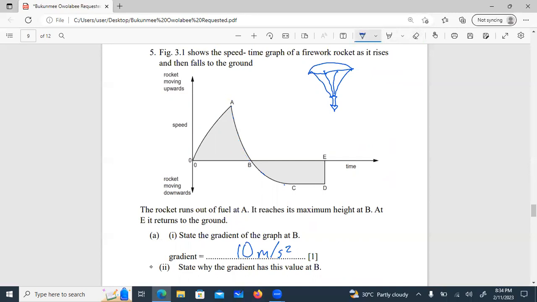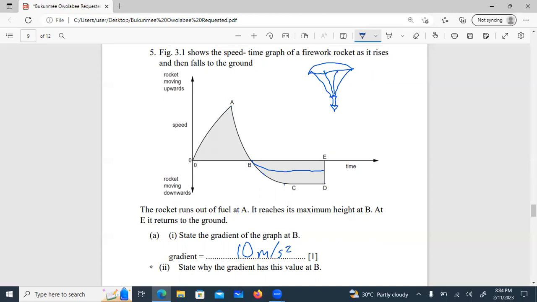So from B, we draw the curve. And we indicate that it is traveling slowly, and it attains a uniform velocity. It attains a lower final velocity compared with the original graph, where the parachute is not connected.